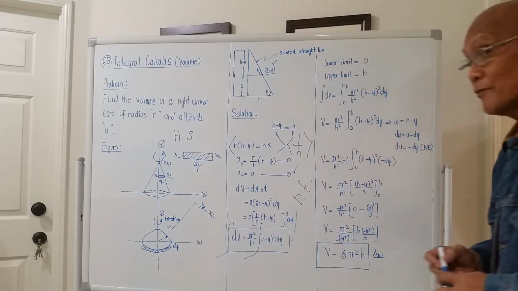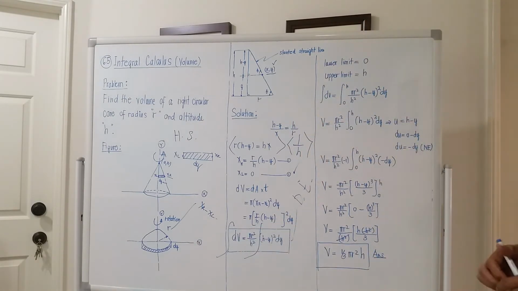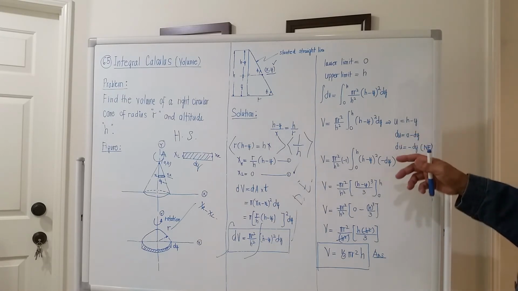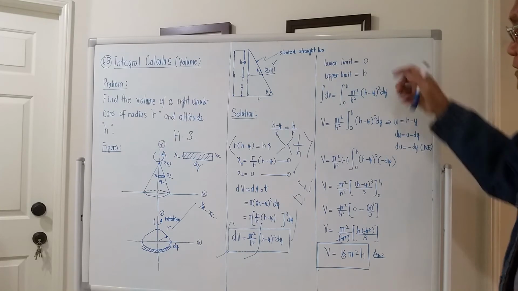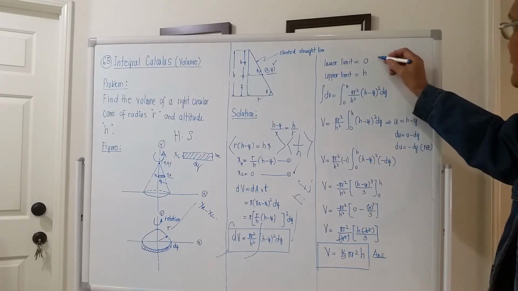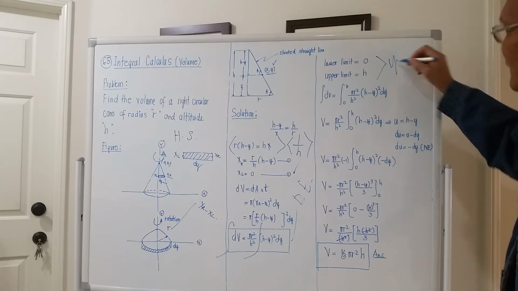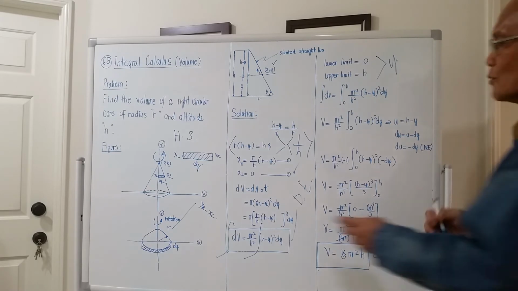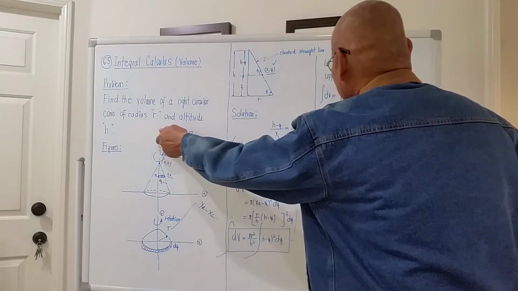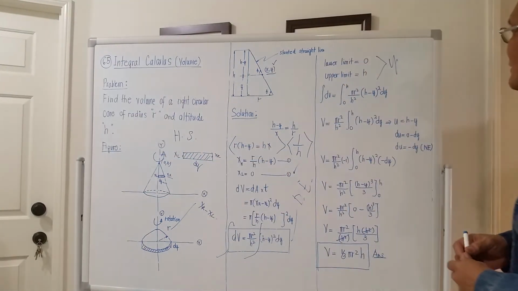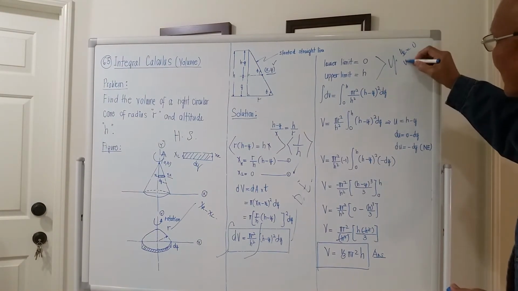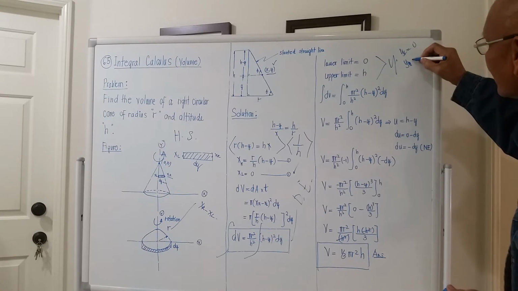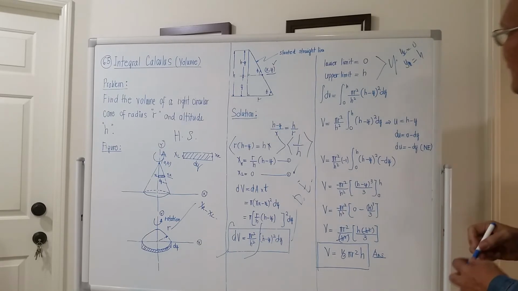That's why our topic for the meantime, guys, is integration. Let's place the limits. Our limit is y, because it moves from 0 to h. So y lower is 0, y higher is h.